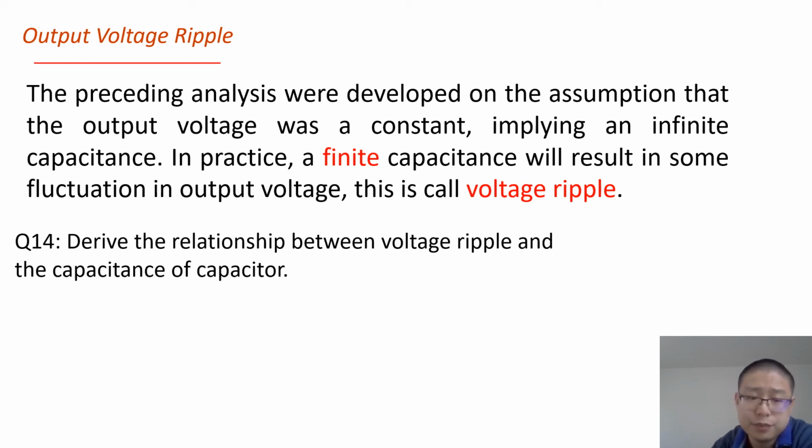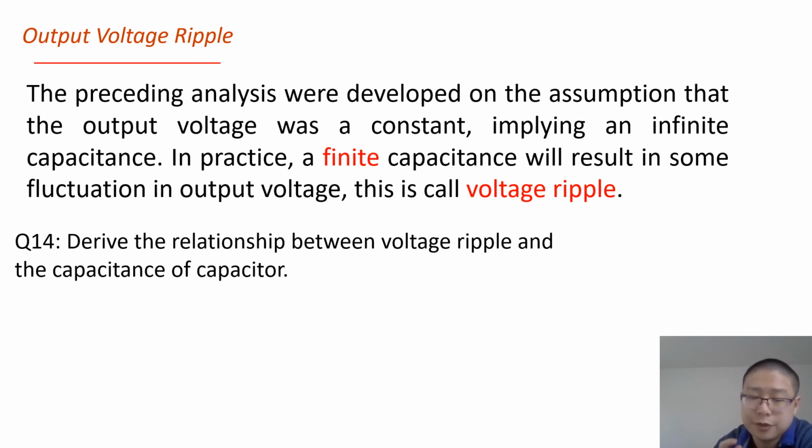But in practice, a finite capacitance will result in some fluctuations in the output voltage, and this is called voltage ripple, because we charge and discharge the capacitor, so there will be ripples on the capacitor voltage. So now let's take a look at how to calculate the voltage ripple.